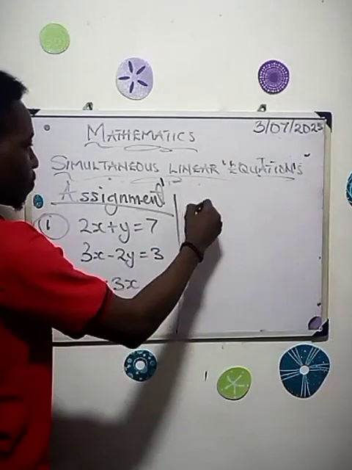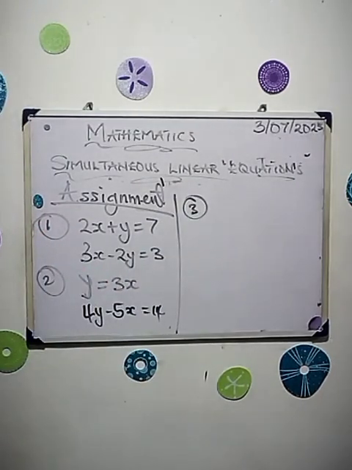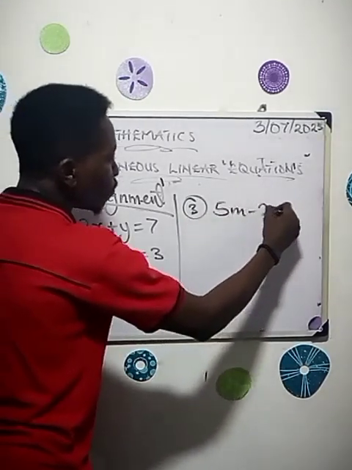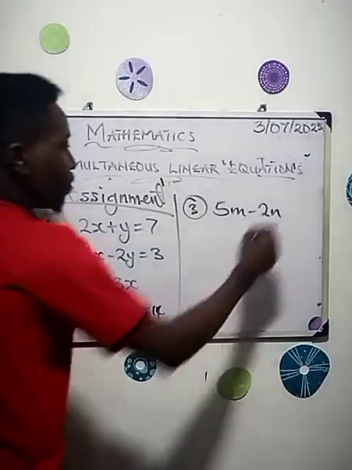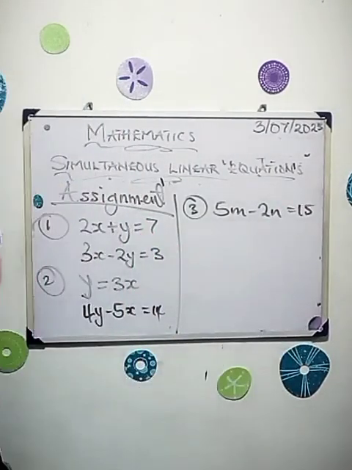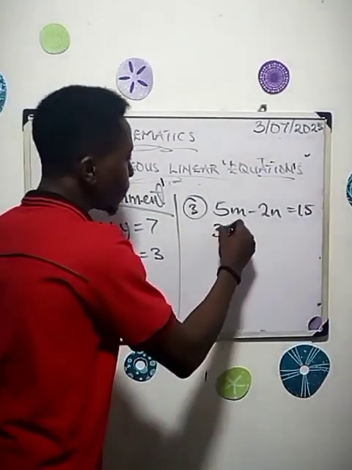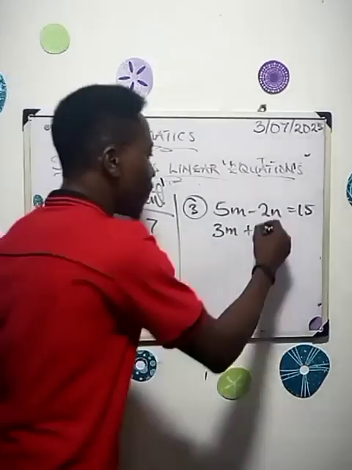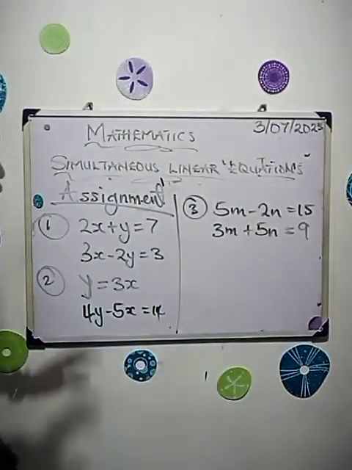The last one, number 3. 5m minus 2n equals 15, and 3m plus 5n. Alright, so this is it.